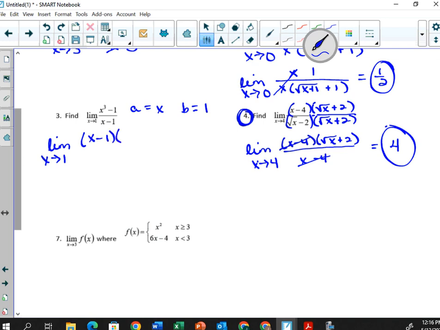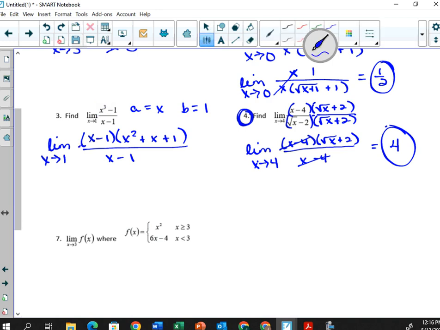X minus 1 times x squared plus x plus 1, over x minus 1. Cube root of negative 1, negative 1? You don't use the sign in the middle. You just look at x cubed and you look at 1. The sign tells you which formula you're using.